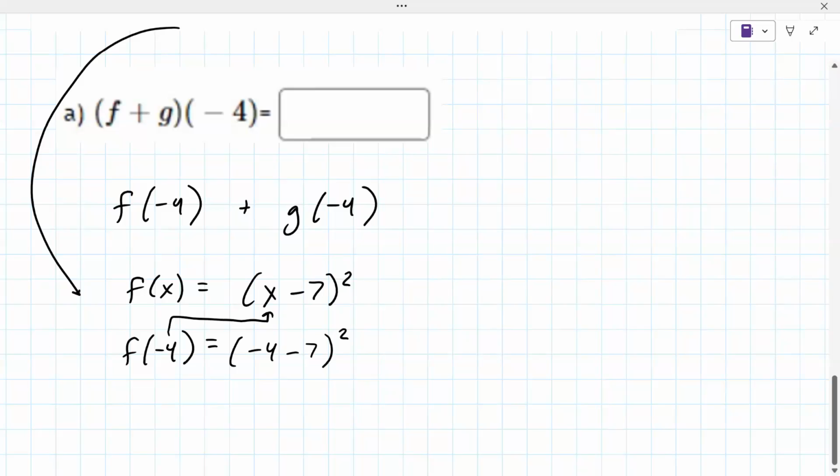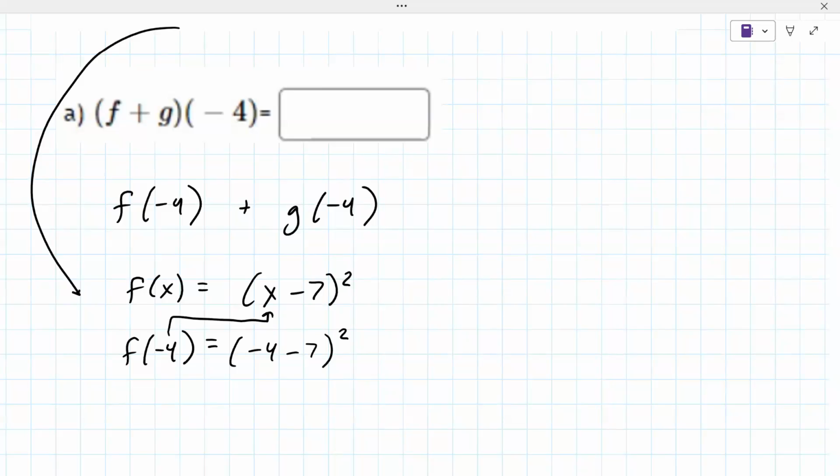Negative 4 minus 7, squared. That does not seem right. I am back.